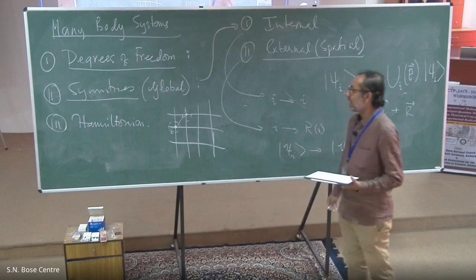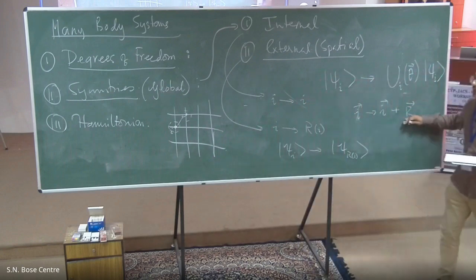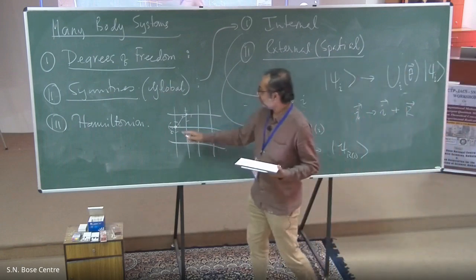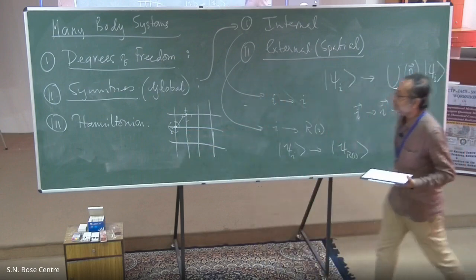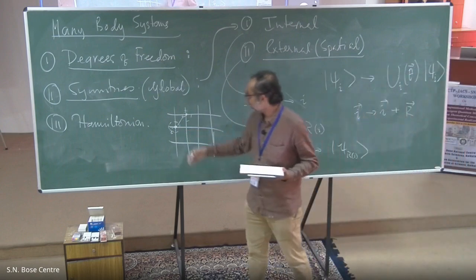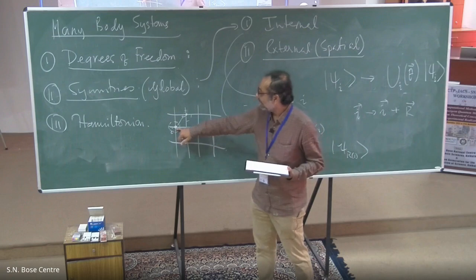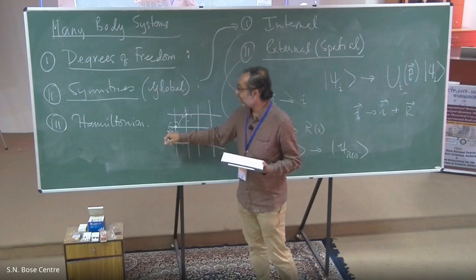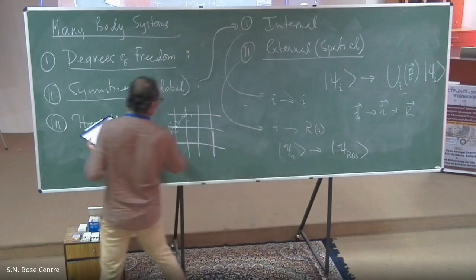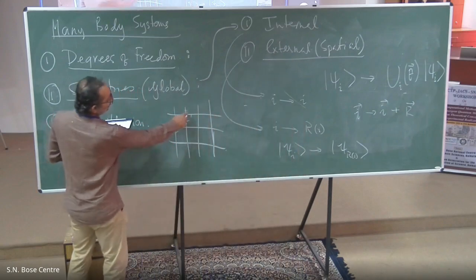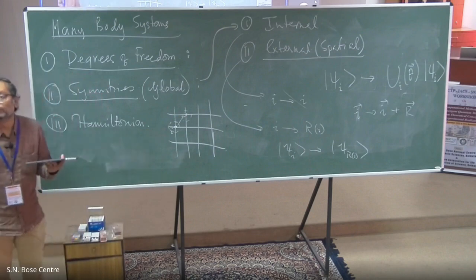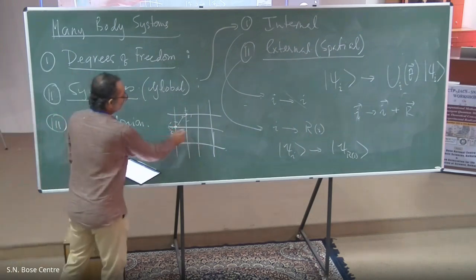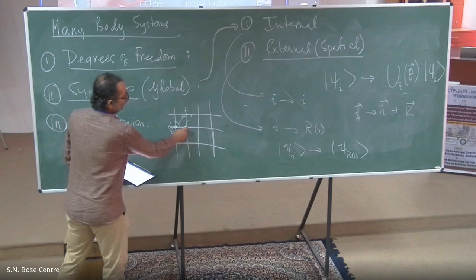And for things like translation, the small translations, from which big translations can be generated, the support of the untransformed state and the transformed state are close by. If you do one translation, it was here, it's now here.